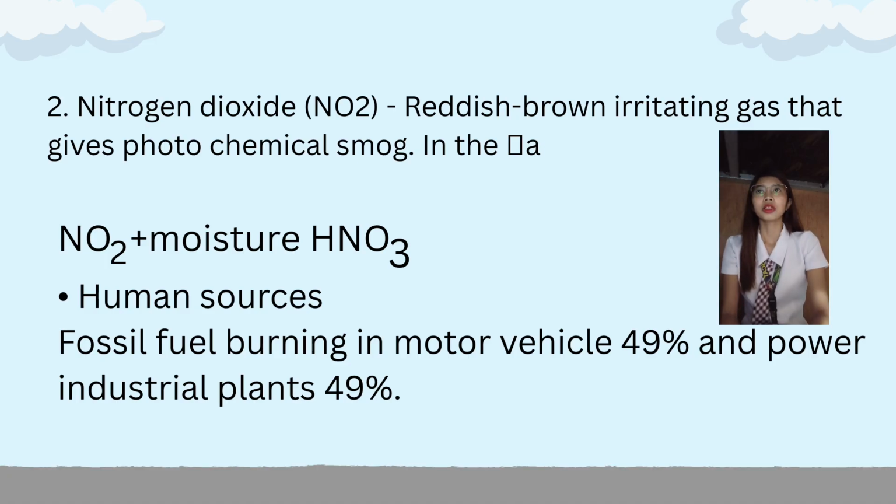Number 2 is nitrogen dioxide, a reddish-brown, irritating gas that gives photochemical smog. In the atmosphere, it can be converted into nitric acid. It irritates the lungs and forms smog in the air.